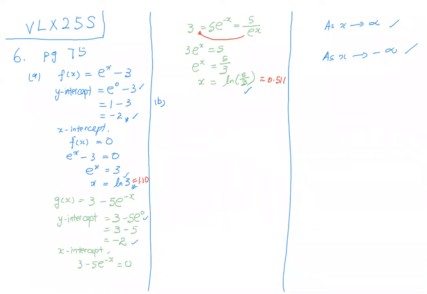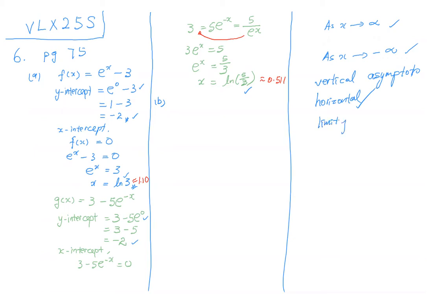Yes? Is it asymptote? Yes. There are two types of asymptote. One is called the vertical, the other one is called the horizontal. So which one are we looking for? We are looking for the horizontal. So the horizontal also gives us the limiting value, am I right?